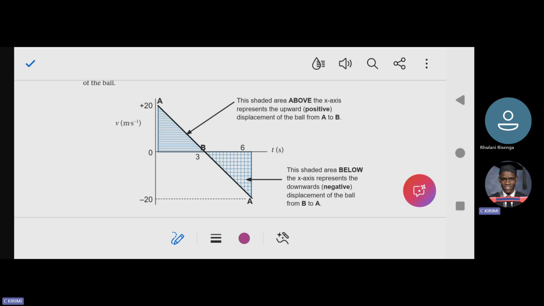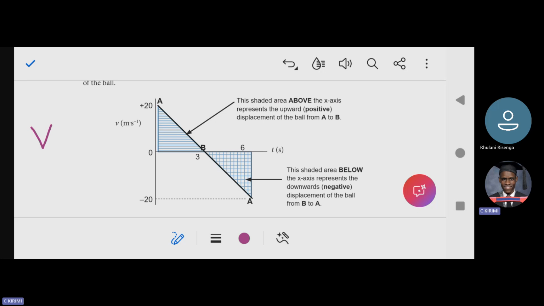Why do we mean area under the graph? Because that area under the graph represents the distance. You have your speed and you have a time.